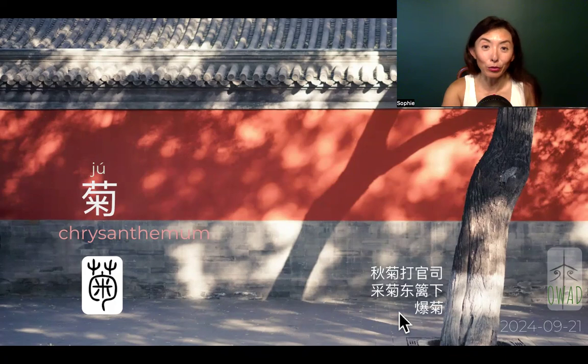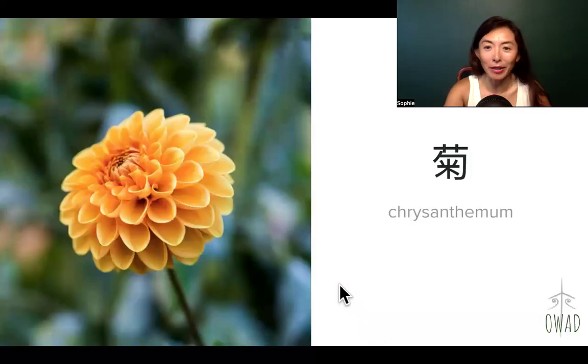But 爆菊 probably doesn't sound as bad, though the violence is there, this 爆 is like explosive energy involved. So, okay, I'm not going to do further interpretation, but this is the chrysanthemum we're talking about.